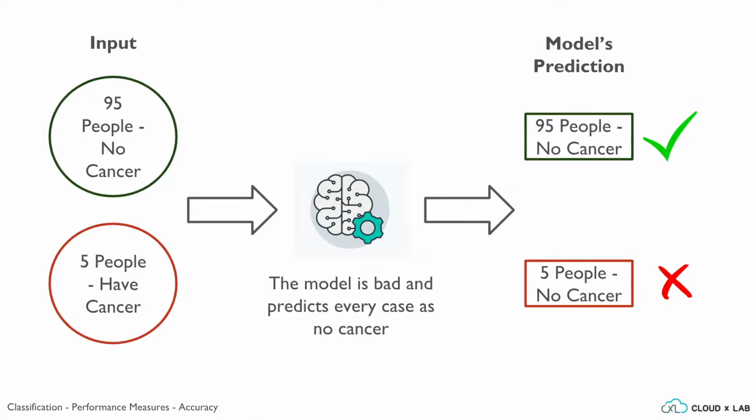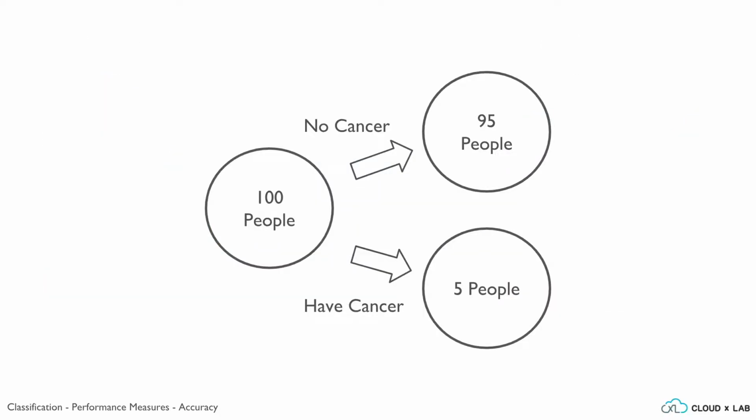Now, even though the model is pretty bad at predicting cancer, the accuracy of such a model is 95%. This is because there are two classes, no cancer and have cancer, having 95 and 5 people respectively. There's a huge class imbalance and the data is skewed. This again demonstrates why accuracy is in general not a preferred performance measure for classification, especially when your dataset is skewed.